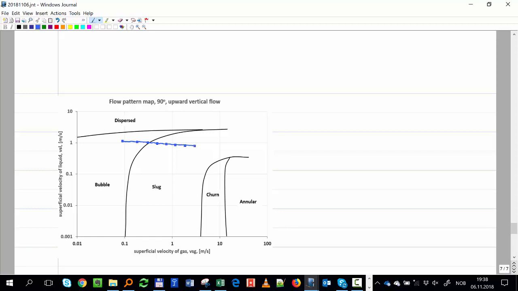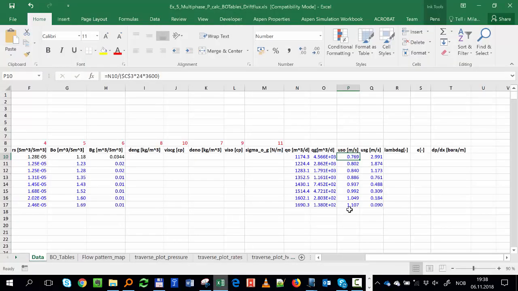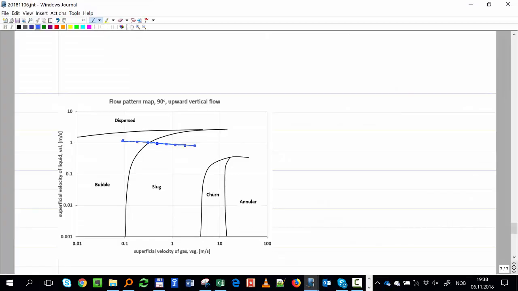What is the velocity of the liquid at the bottom of the tubing? We can find it here, right? It's 1.1. So the bottom of the tubing is here. This is PWF, the bottom of the tubing, and I'm moving in this direction until I get to the wellhead.